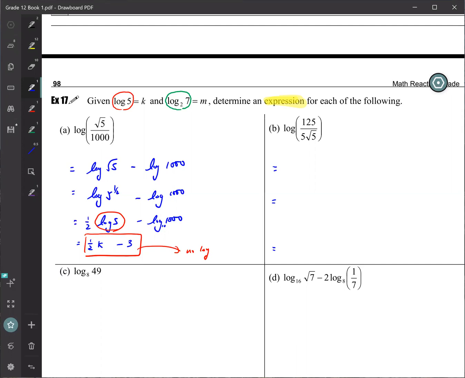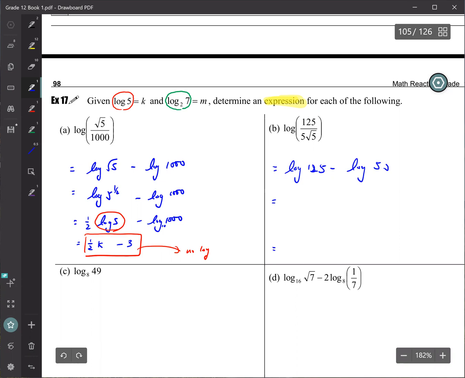Okay, I would like to know the first step that you took. Eric, can you tell me what you did first? I changed it to log 125 minus log 5 root 5. Like this? Yeah, okay.